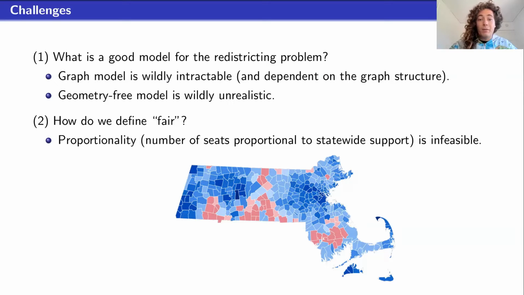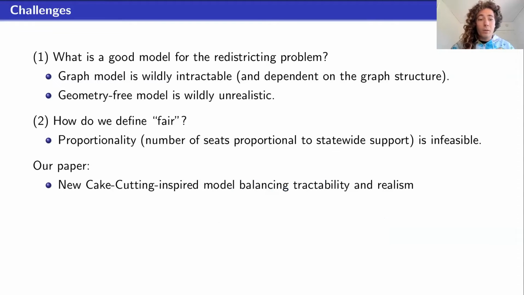And that's because the Republicans are so uniformly spread out throughout the state. It might look from this picture that it is possible, but keep in mind that these are not weighted by population. Some of these Republican areas are much smaller population. So proportionality is not a feasible criterion, so we can't enforce it as a rule when designing a redistricting algorithm or process. So what do we do?